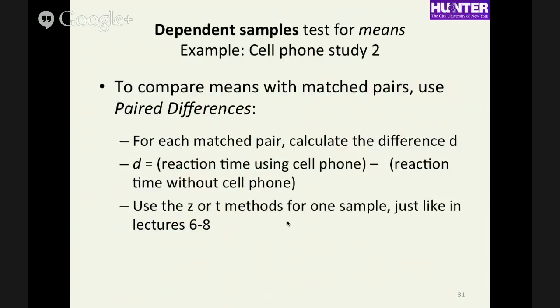This is the basic method. For each matched pair, you calculate this difference d, the reaction time when you're using the cell phone and the reaction time when you're not. And then you use your one sample methods on those differences. That's all there is to it.